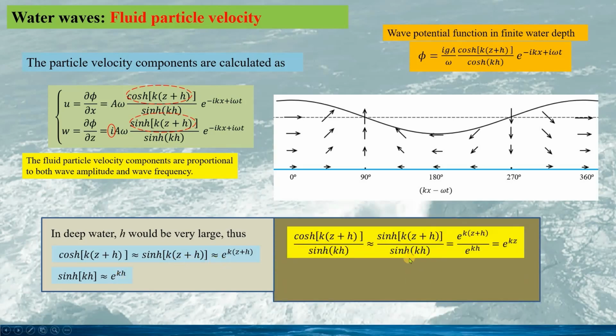So using this approximation, we can obtain the relation for this, and this we are given for this exponent. Therefore, in deep water, the velocity components u and w can be expressed simply as this. These are the same as those we have seen in the previous talk on linear wave theory.